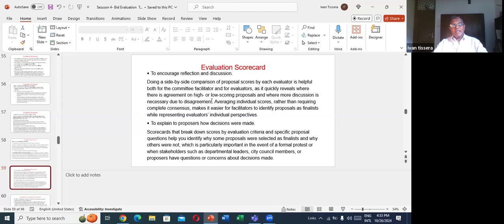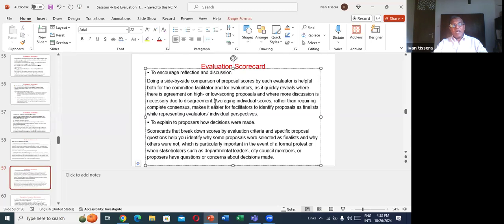That's why I said if one person has given very high marks and another person has given very low marks, two evaluators have given different marks, then the coordinator or the chairperson can have a discussion with the other members on what grounds, on what basis they have given this, and whereas the other person has given this, and we can come to some sort of agreement, conclusion, or consensus regarding the scores.